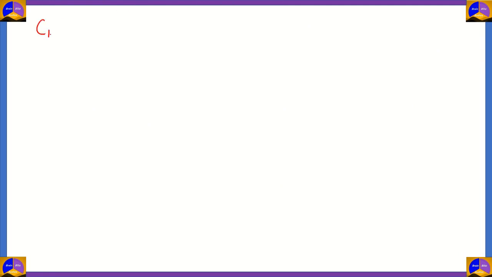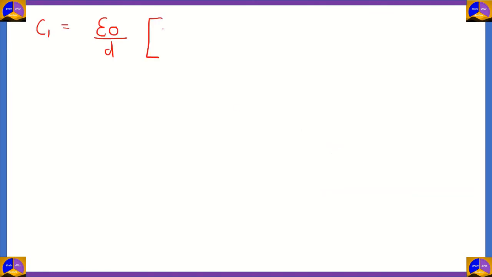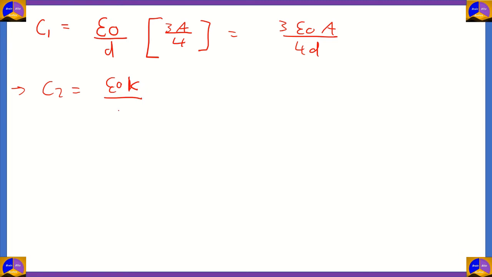Over here, C1, since it does not have the dielectric constant, will be epsilon naught divided by D. And now notice that the area covered is 3/4, so you will write 3A divided by 4. So the total formula is 3 epsilon naught A divided by 4D. So this is the value of C1. Similarly, for C2, we take epsilon naught times K, because we have a dielectric constant, divided by D, that's the thickness or the distance between the plates.